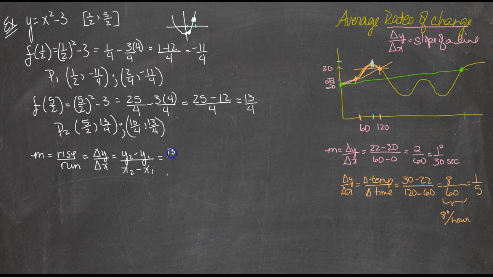13/4 y2 minus y1, which is negative 11/4. So a negative times a negative, or a minus minus, is going to make this a plus. Since I have the same denominator, I'm going to add numerators, so I can just write 11 in the numerator and carry it forward that way. Then, in the denominator, I'm going to do the same thing.